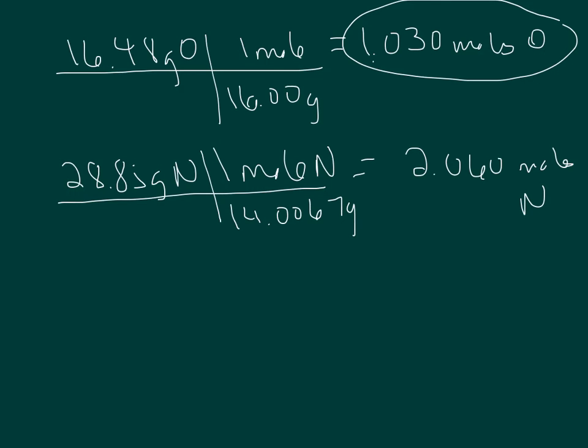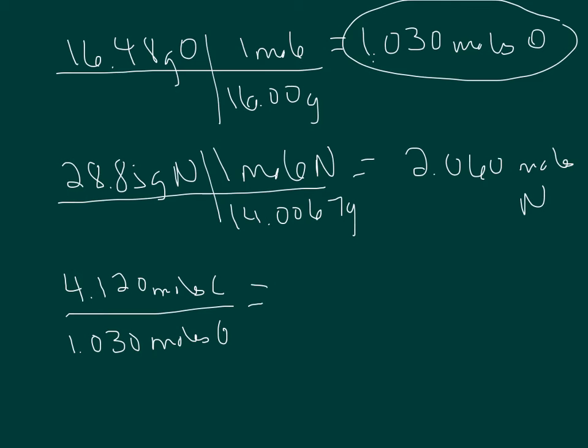Okay, so I'm going to start with the very first one, carbon. We had 4.120 moles of carbon, and I'm going to divide it by that 1.030 moles of oxygen. And that gives us a ratio of 4. You divide that, it's 4, so that's the same thing as 4 to 1. So there's 4 carbons for every 1 oxygen. Now we're going to continue on and do the next ratio.